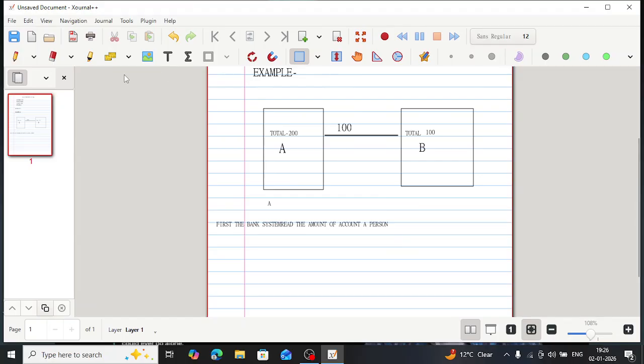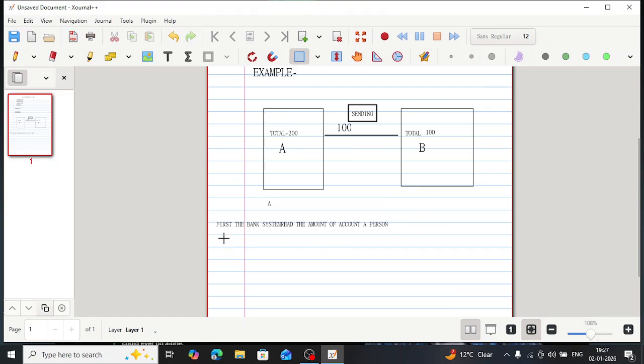This is my sending amount. So first the bank system reads the total amount.